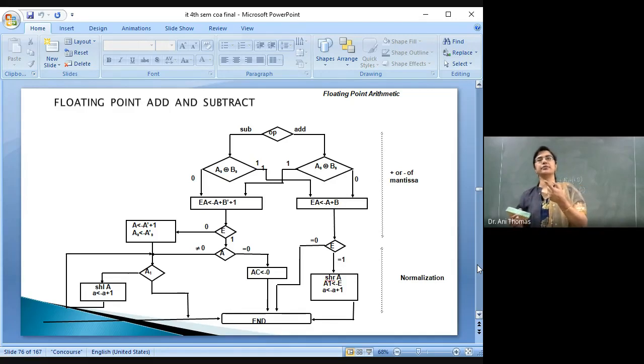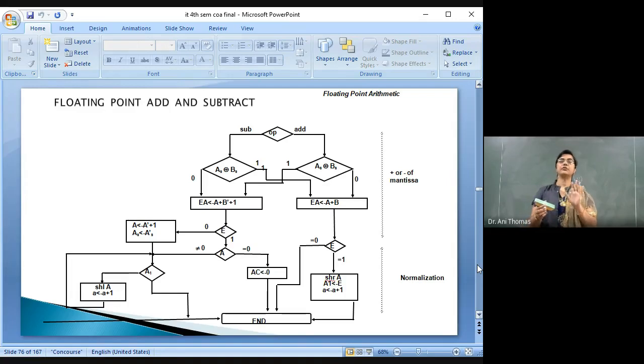So in the case of addition, if XOR of AS and BS is 0, then we go for an addition of magnitudes, and if their signs are different in the case of addition operation, we go for subtraction of magnitudes. So this algorithm is the same as for the fixed point algorithm.